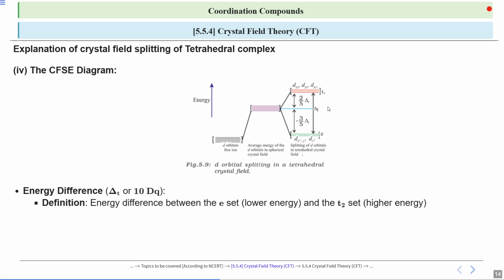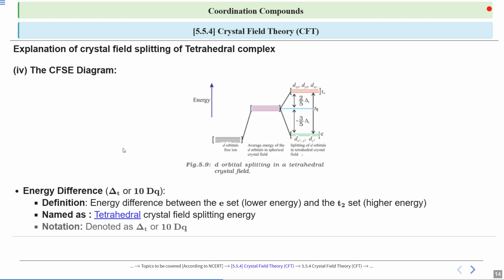Here in this diagram you can also see it named as the tetrahedral crystal field splitting energy. The notation is delta T, where T represents the tetrahedral complex, or 10 dq. dq was the unit for the measurement of energy in this complex.